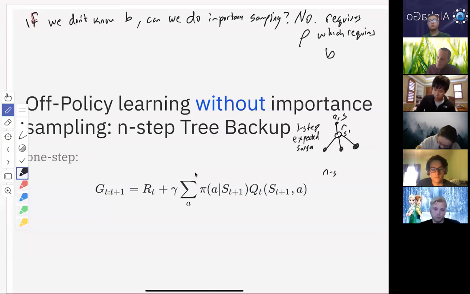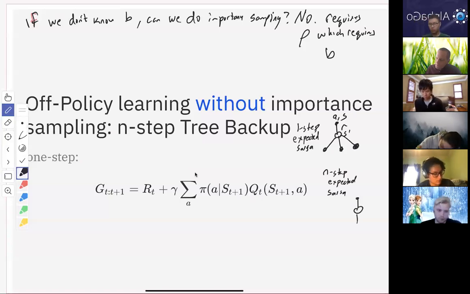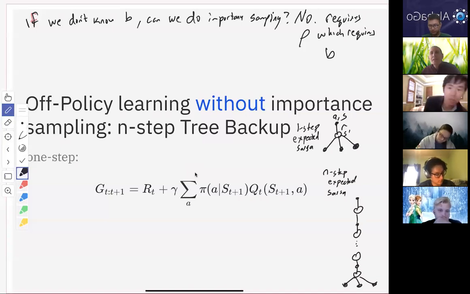The n step expected SARSA, right, we basically take n minus 1 steps, and then the last step, we go ahead and do expectation. Okay? So for all of the previous steps, if we are off policy, we would have to be taking into account importance sampling.